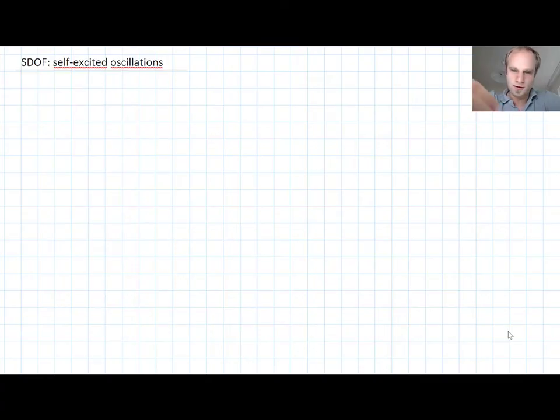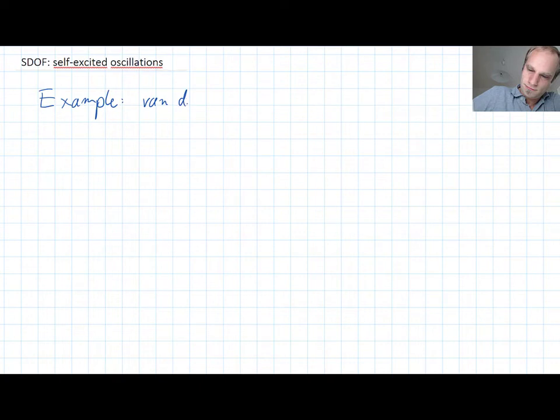So let me write down the van der Pol oscillator equation once again. So that will be our motivating example. So the equation reads like this. So we have some inertia terms.